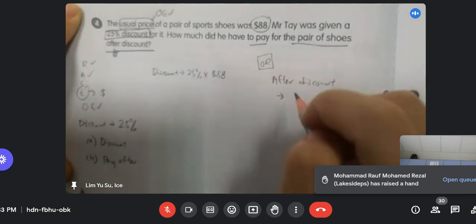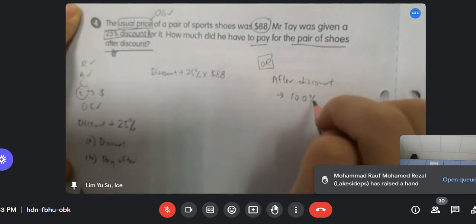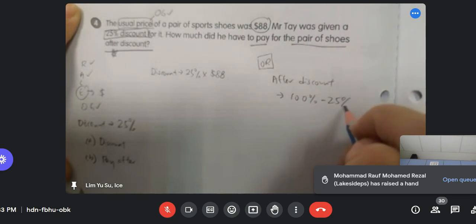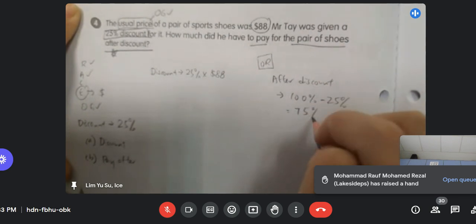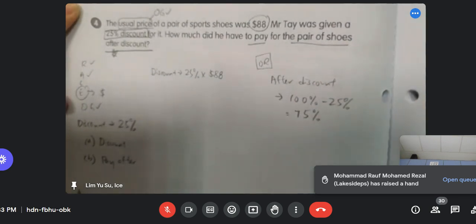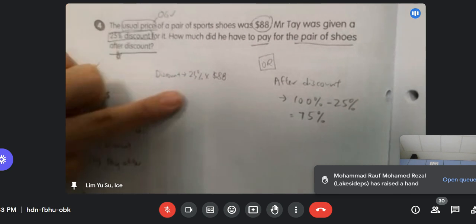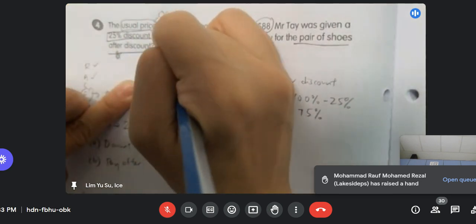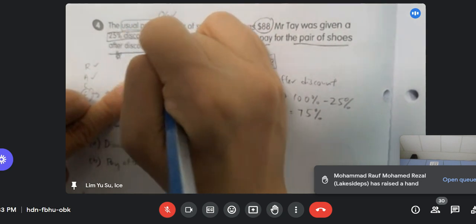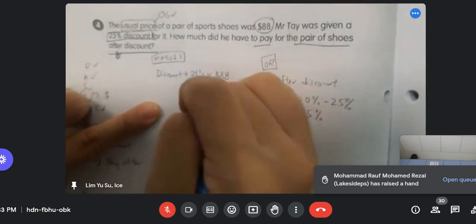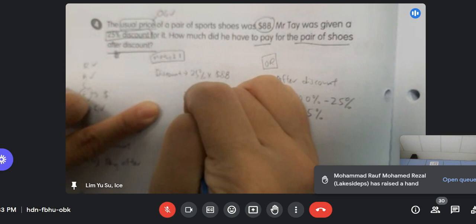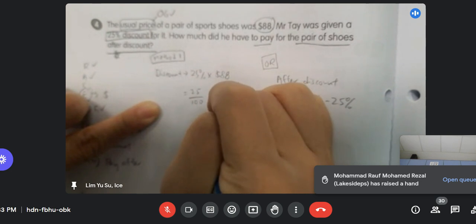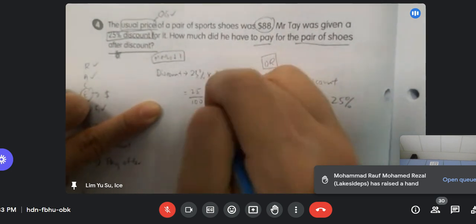After discount, the shoe is now 75%. So if I use method one, I find the discount first, step by step: 25 out of 100 times $88.